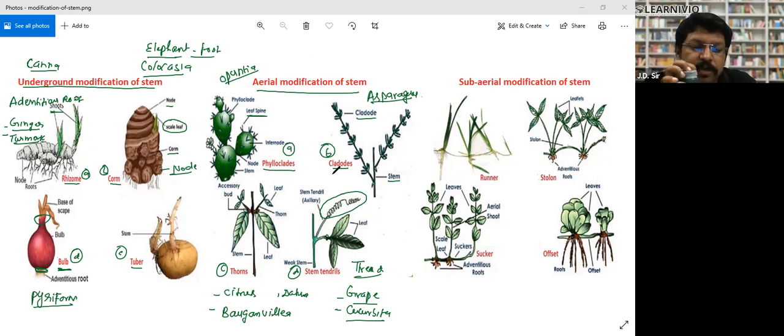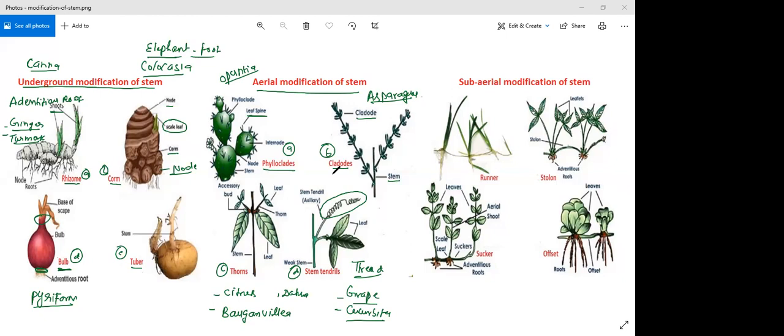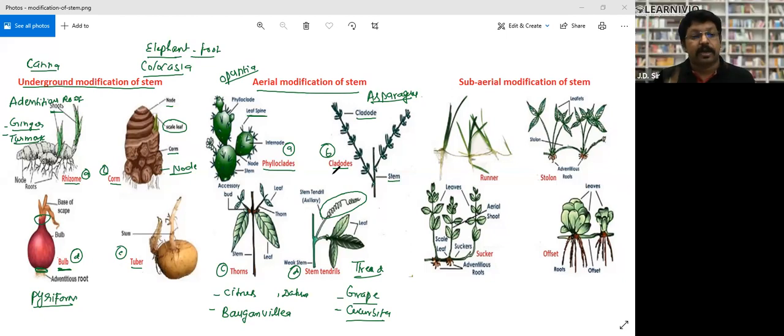They hold the substratum with the help of those roots. That's how they climb. That type of plant is called a climber.